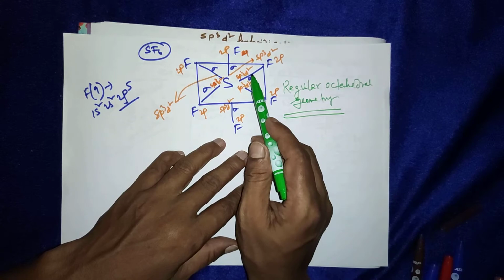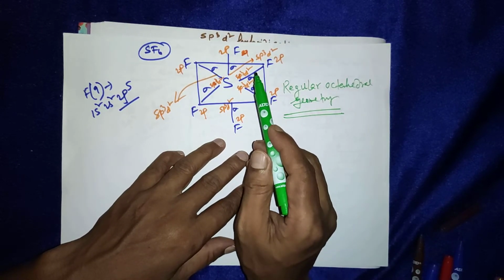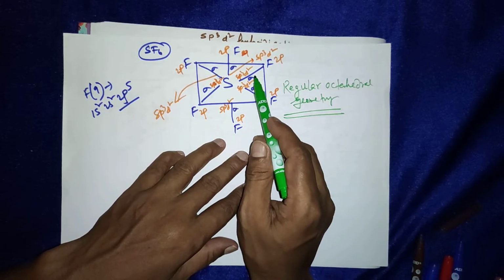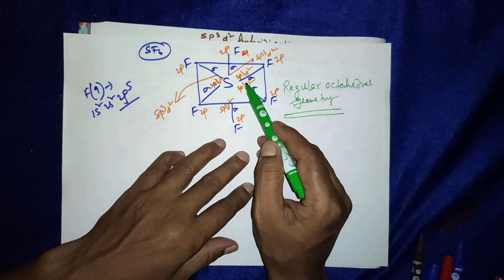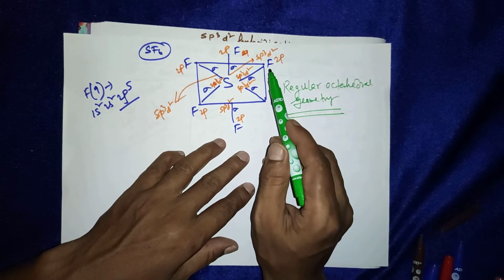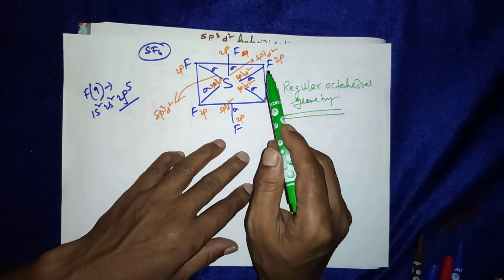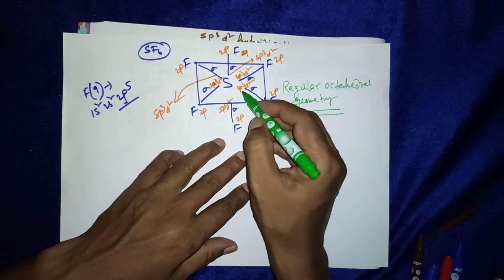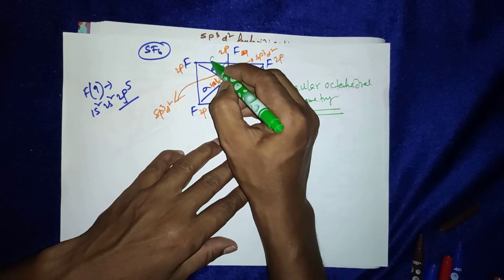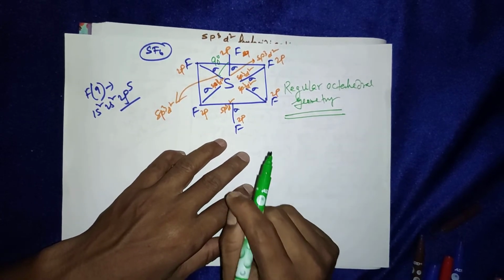The 6 orbitals of SF6 are directed towards the corners of the octahedron, and they are inclined at an angle of 90 degrees to one another. So you can say the angle is 90 degrees. Okay, the angle is 90 degrees.